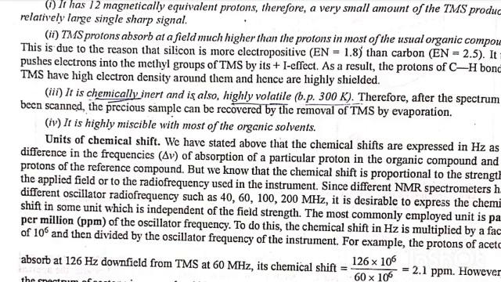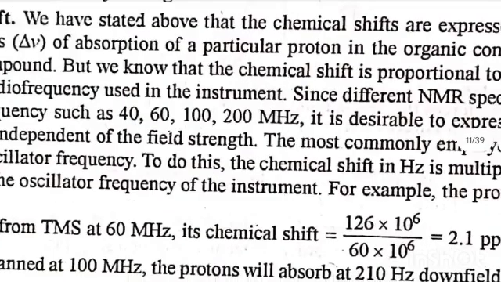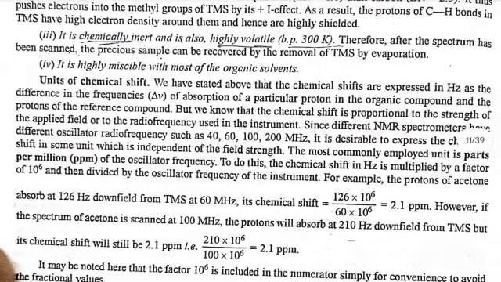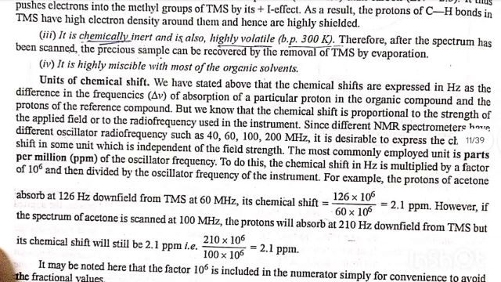This is because silicon is more electropositive than carbon. It thus pushes electrons into the methyl groups of TMS by its +I effect. As a result, the protons of the carbon-hydrogen bonds in TMS have high electron density around them and hence are highly shielded.